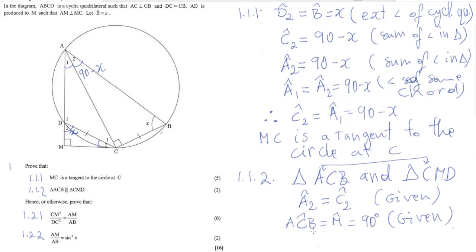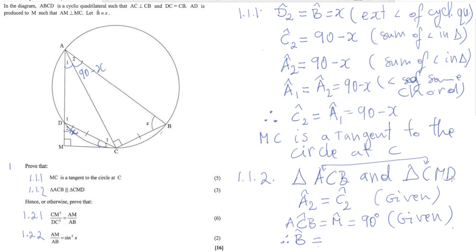Now, once you have this, automatically the angle in this triangle, which is B, which is X, will be equal to the angle what?